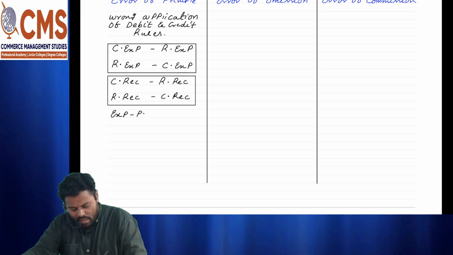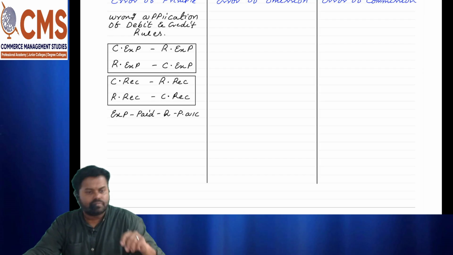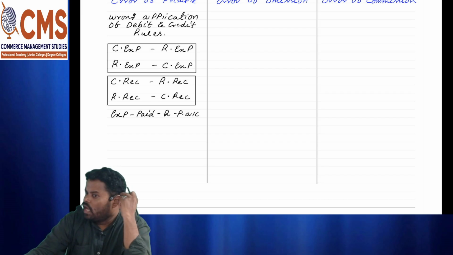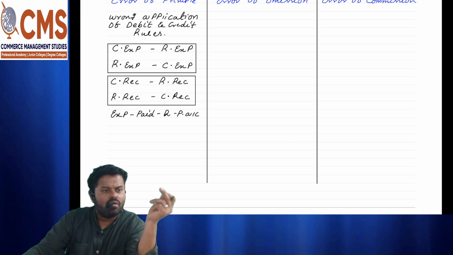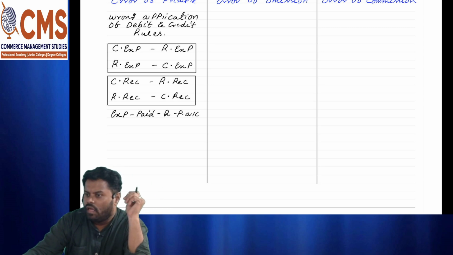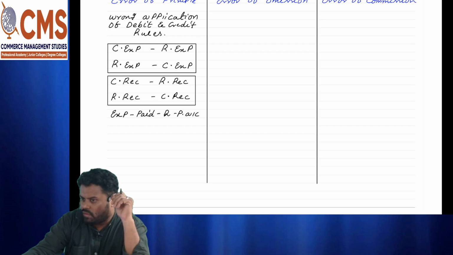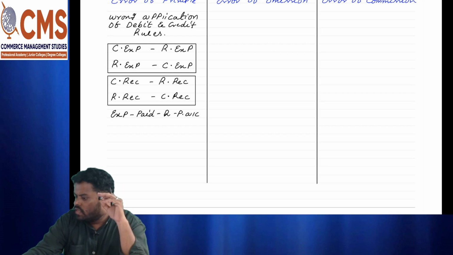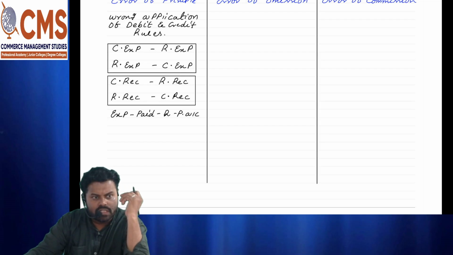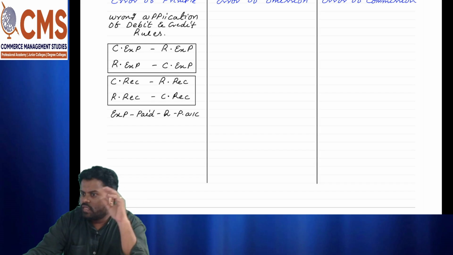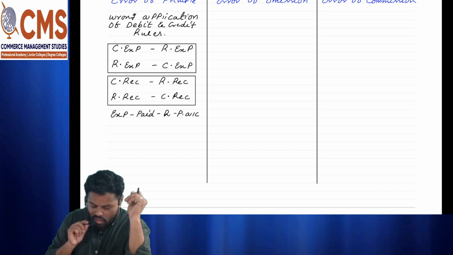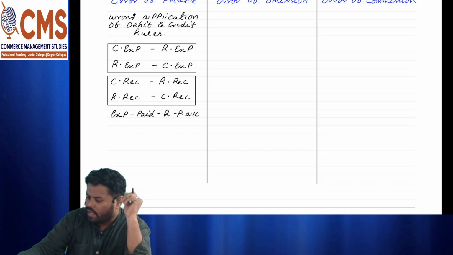Expense paid is debited to the personal account of the person. That is an error of principle. Let's take it as salary paid to Mohan. This was one of the transactions that you have done in your journal chapter somewhere. Salary paid to Mohan 10,000. What is the entry that I have to write?